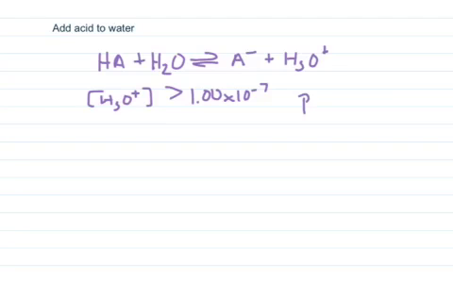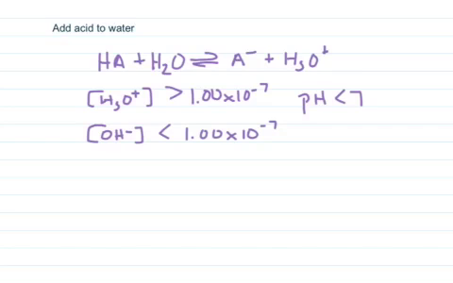It also tells us our pH level is going to be less than 7. So our acids are normally smaller, usually 1 to 6.9. Now for the base, OH minus is going to be less than 1.0 times 10 to the minus 7th, and that means our pH is going to be greater than 7. So anything 7.1 and above is very basic.